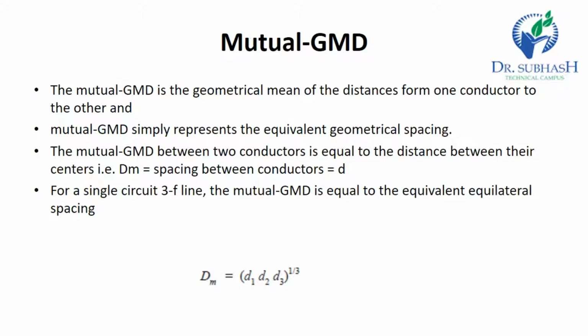The mutual GMD between two conductors is equal to the distance between their centers, so the spacing between the conductors is D for any two conductors. For a single circuit three phase line, the mutual GMD is equal to the equivalent equilateral spacing, which is equal to (d1 d2 d3) raised to 1 by 3.